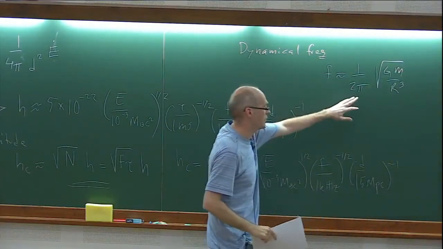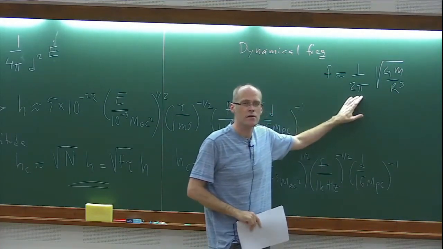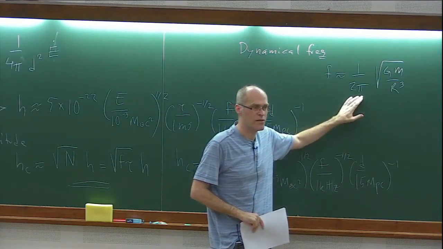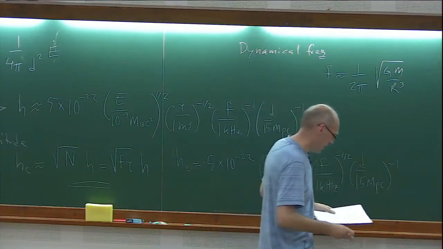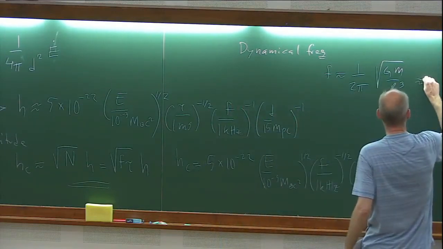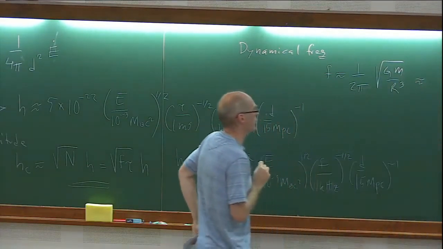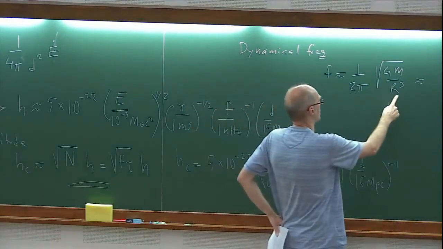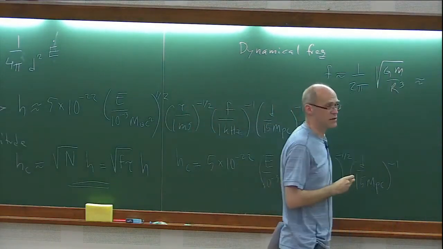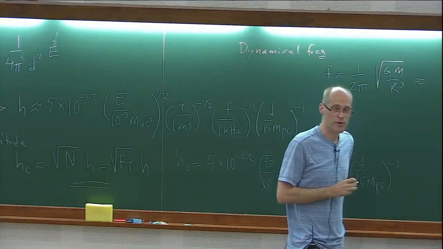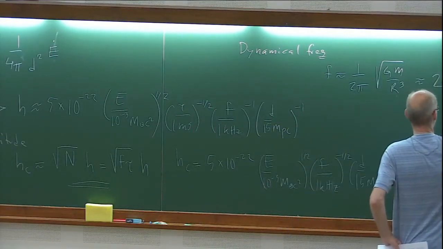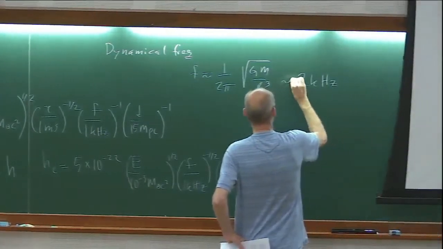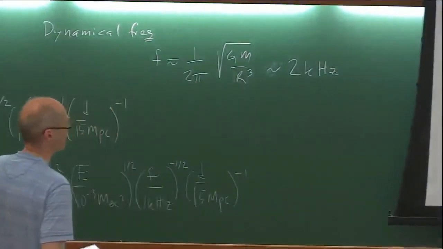We're going to derive a specific case of this probably on Wednesday, to show that I didn't just make this up. And if you put in neutron star numbers, say 1.4 solar masses, 10 kilometers, then this comes out as something like 2 kilohertz.